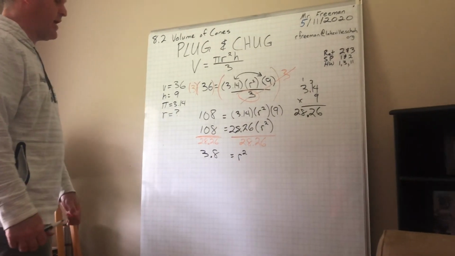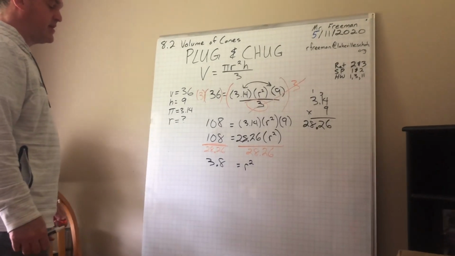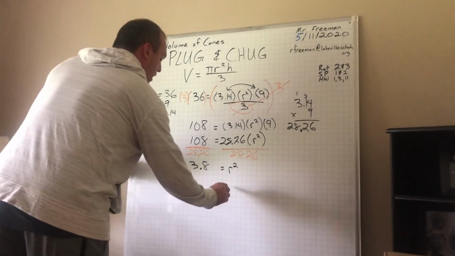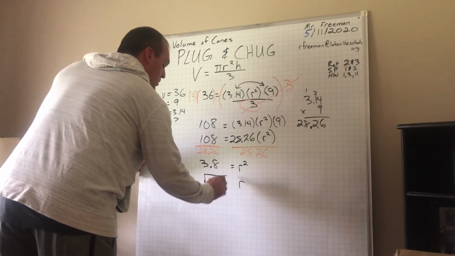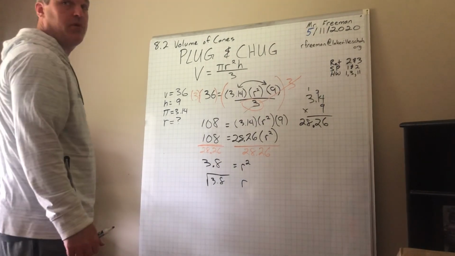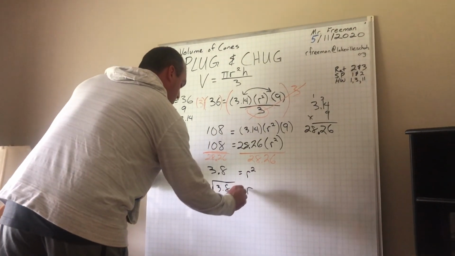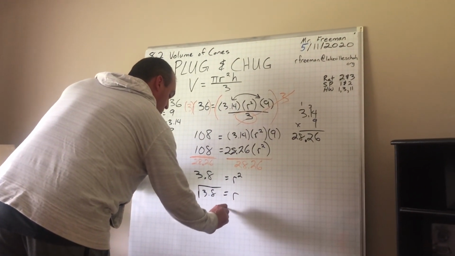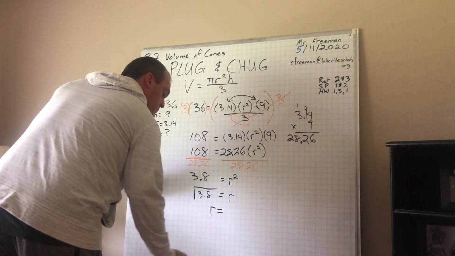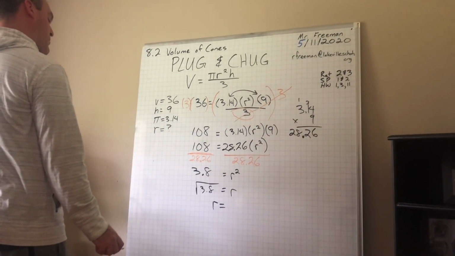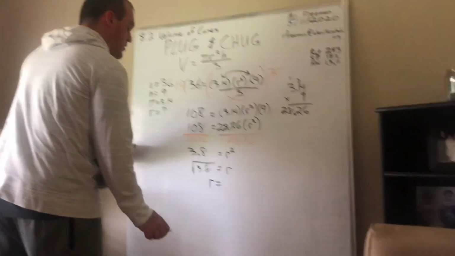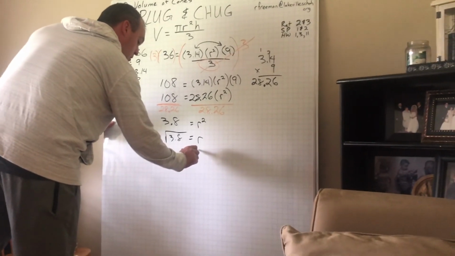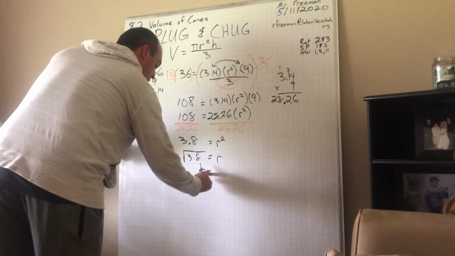Okay, so if 108 divided by 28.26 is 3.8, then r would have to be the square root of 3.8, right? And what's the square root of 3.8? One sec. It's got to be 1.9-ish. Yeah, 1.9.